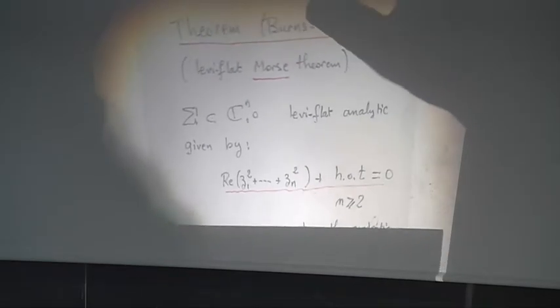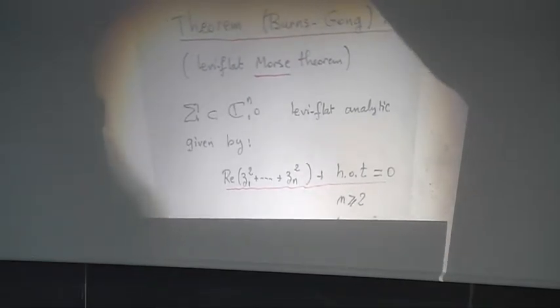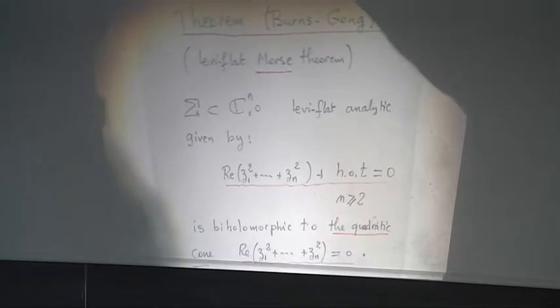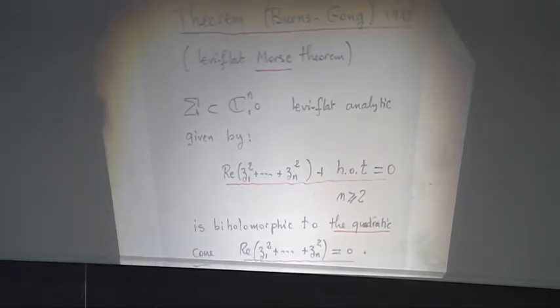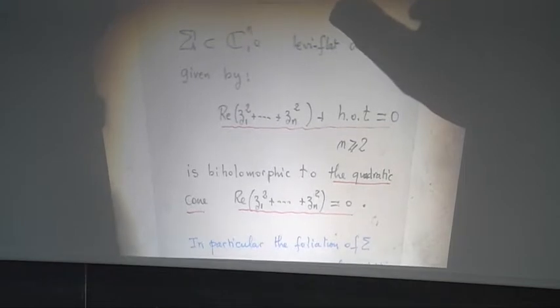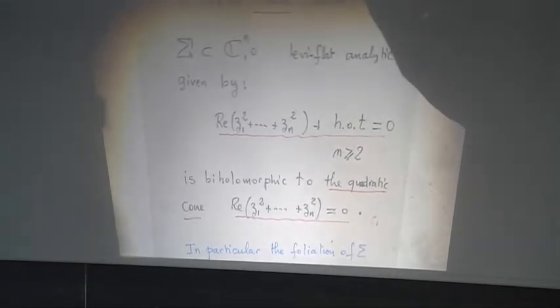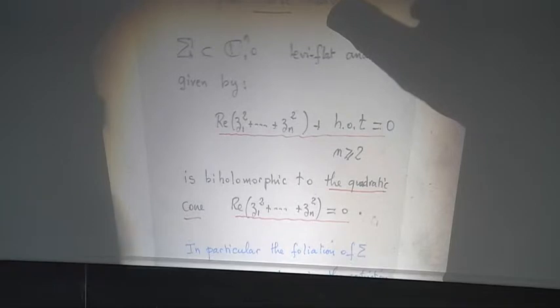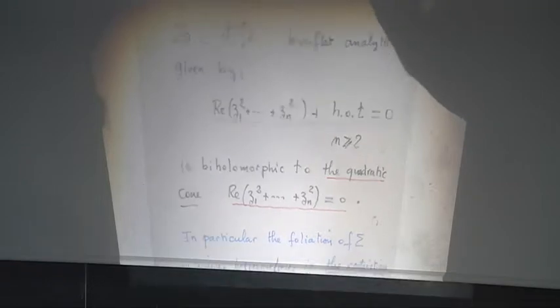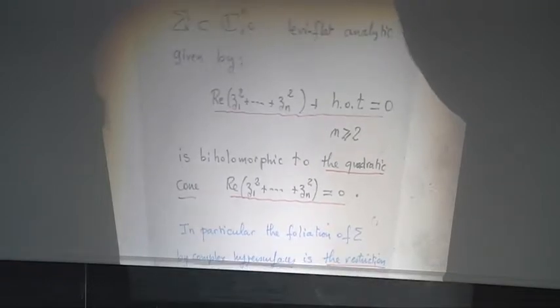And the theorem says that this hypersurface is biholomorphic to the standard quadratic cone. It's a beautiful, deep and difficult theorem. And in this case, the foliation of sigma by complex hypersurfaces is like in the case of the quadratic cone, so it's the restriction of an ambient foliation which leaves sigma invariant. Okay.